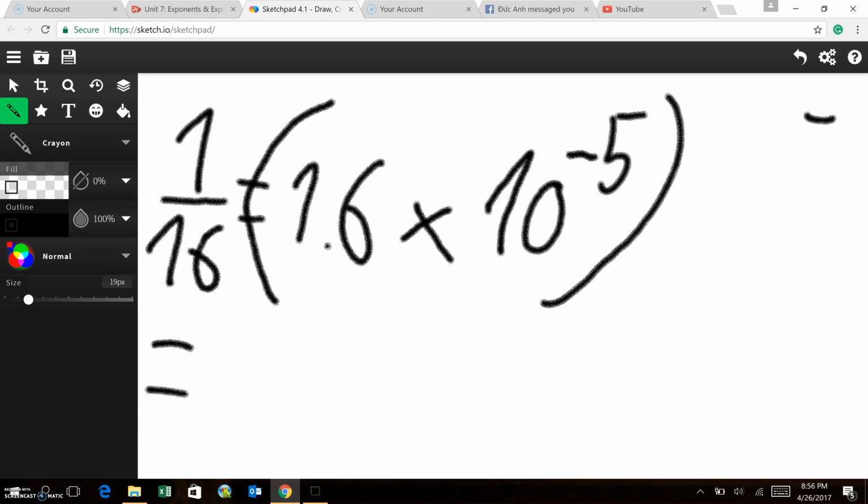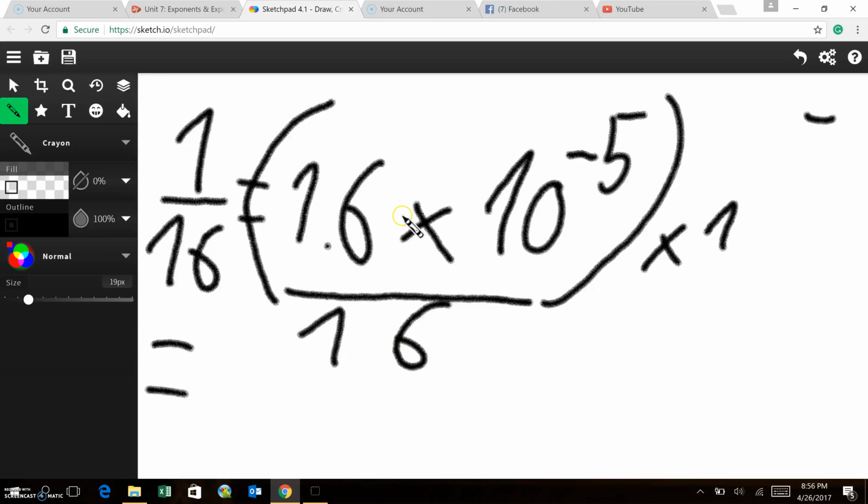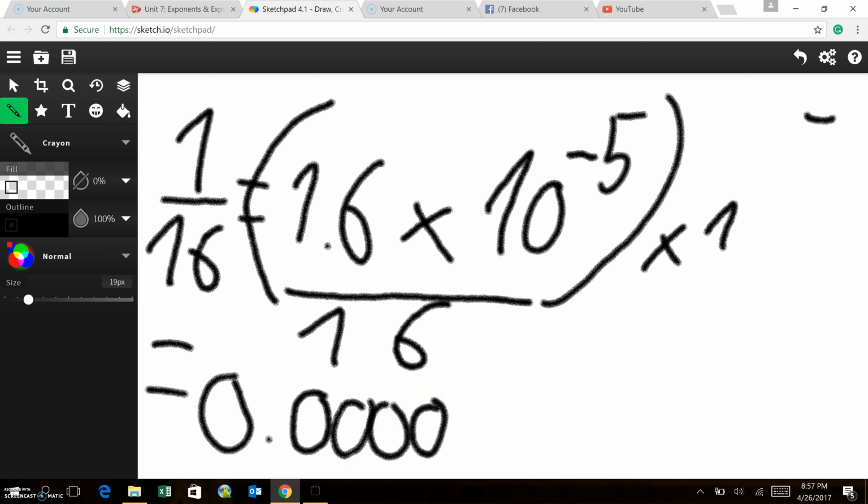So the answer would be, alright, times 1 is equal to itself, and then we divide by 16. The easier way to do this is I'm gonna multiply the top first, and then divide later. So 1.6 times 10 to the negative 5 is 0.000016.